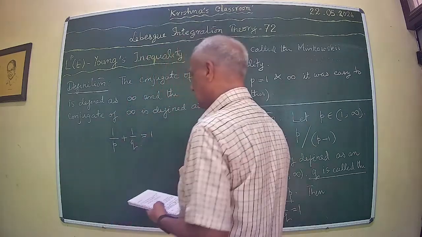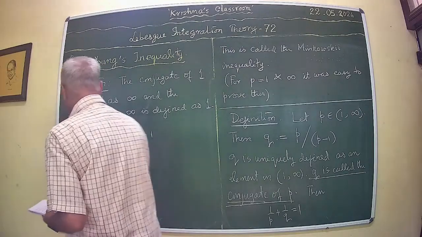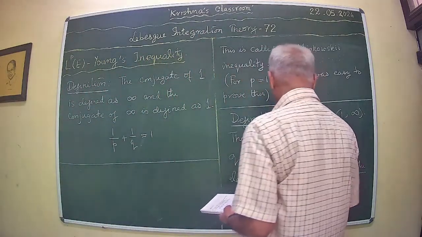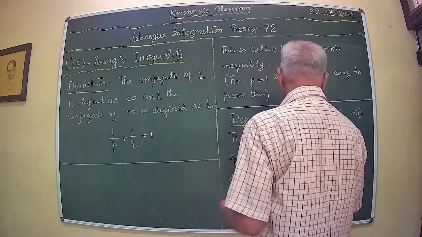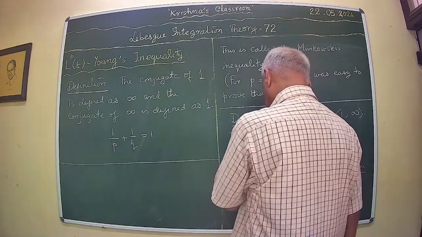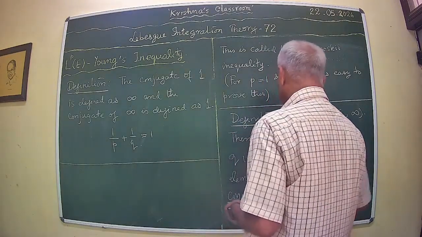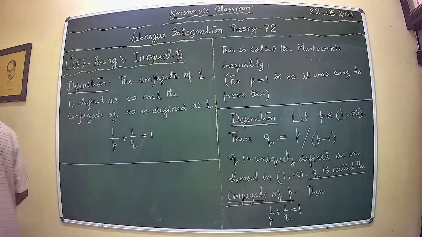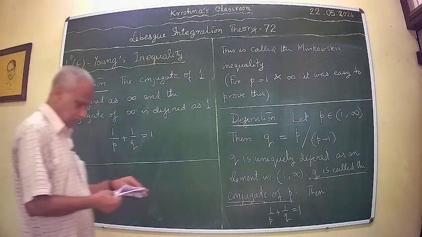So that is the extension of the concept of conjugate numbers defined earlier to p equal to 1 and p equal to infinity.